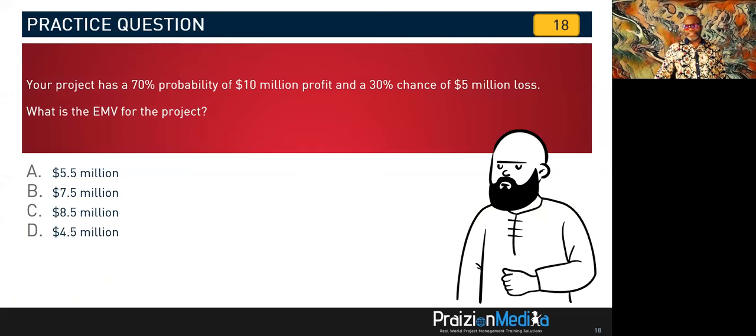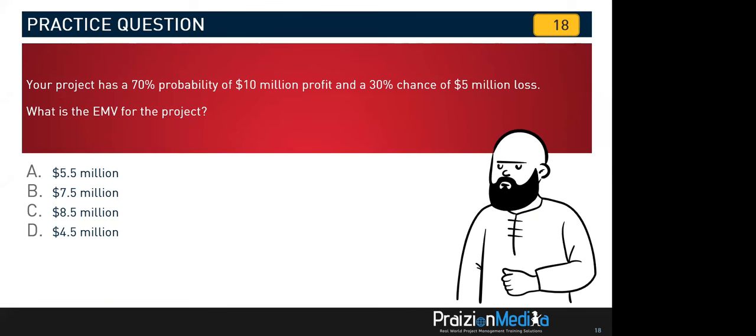Your project has a 70% probability of 10 million profit, and a 30% chance of 5 million loss. What is the EMV for the project? I know some of you are going to need the timer for this one, so I'm going to give you a little bit of time to think about it.